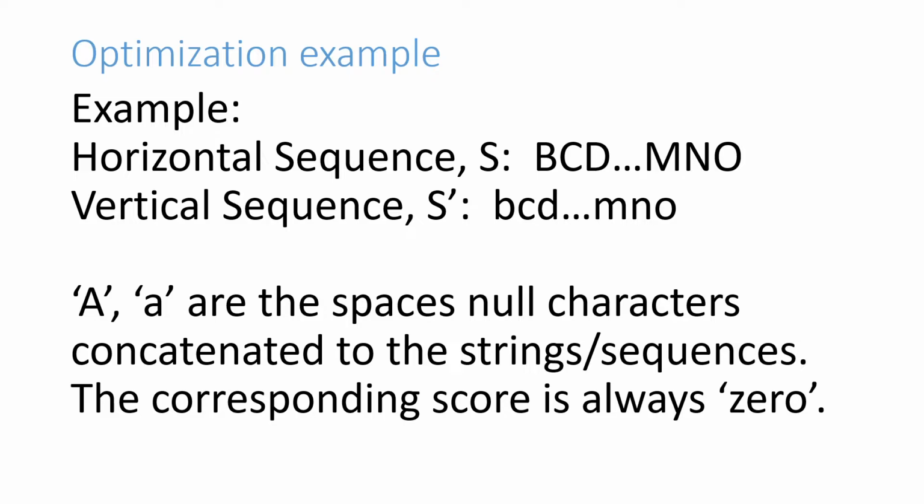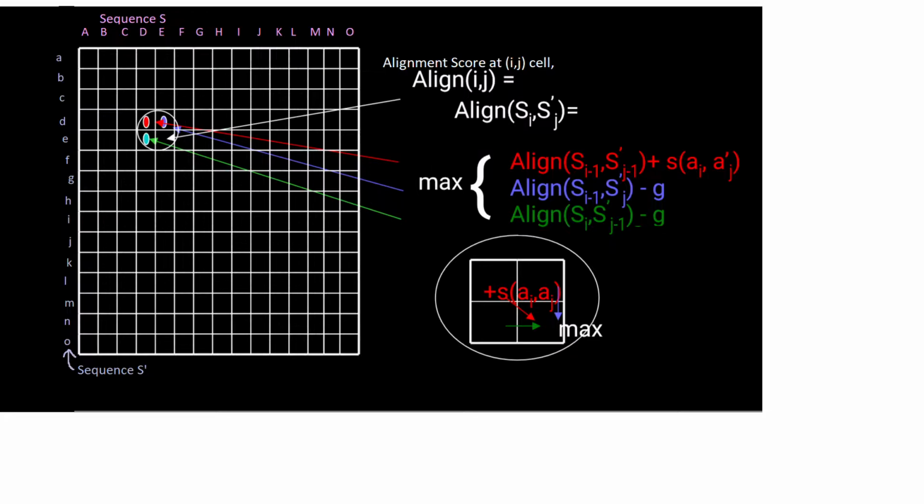That is the initialization of the matrix. After initialization, the matrix looks somewhat like this. The first cell, the top left cell, has a score of 0, and at each cell the alignment score is as shown in the scheme below.